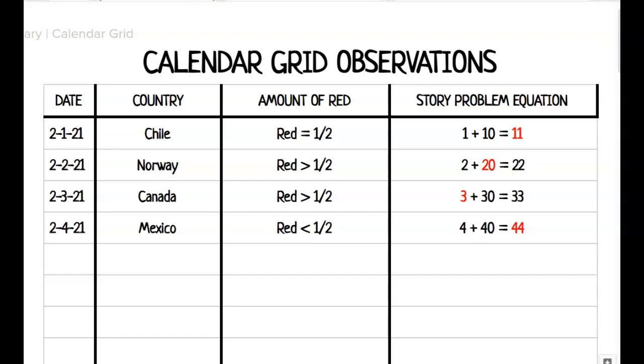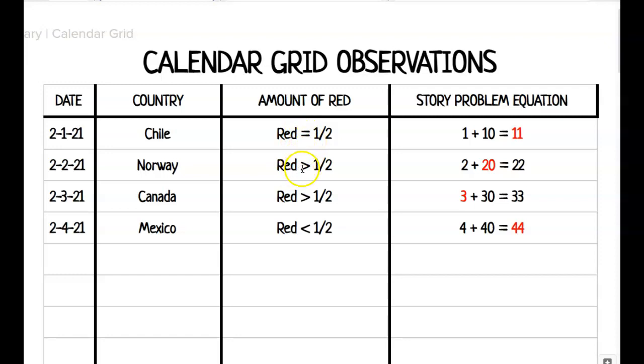Now you may have noticed a few different things. You may have noticed that under amount of red, well, every day we have 1/2 written. I wonder if that will continue to repeat itself. I'm also noticing that our symbols are changing. We first have the equal to symbol.